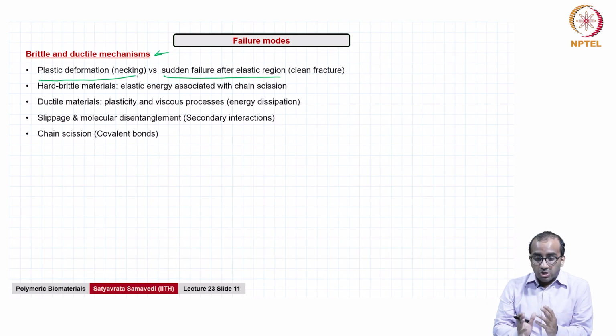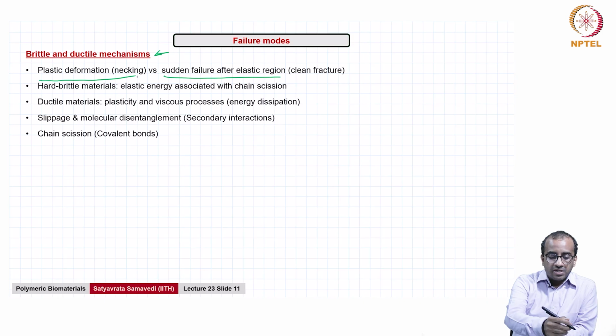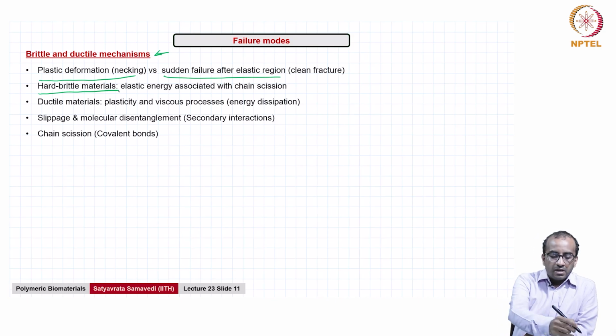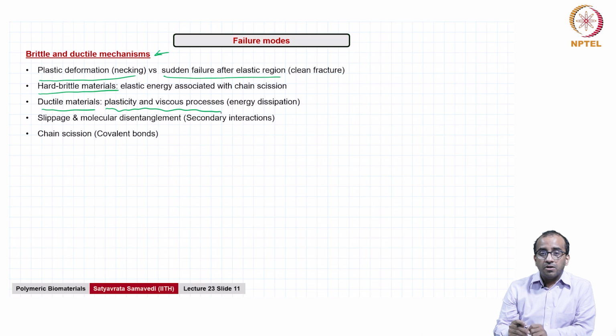From a molecular perspective, hard and brittle materials are associated with elastic energy, or elastic energy associated with chain scission, that is going to lead to complete rupture of all the bonds, covalent bonds, where the material will snap. And for ductile materials, the connection is to be made to plasticity and viscous dissipative processes, right.